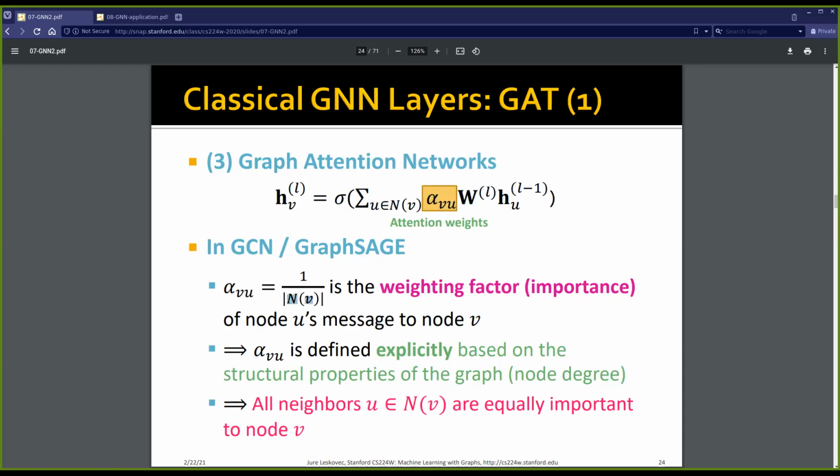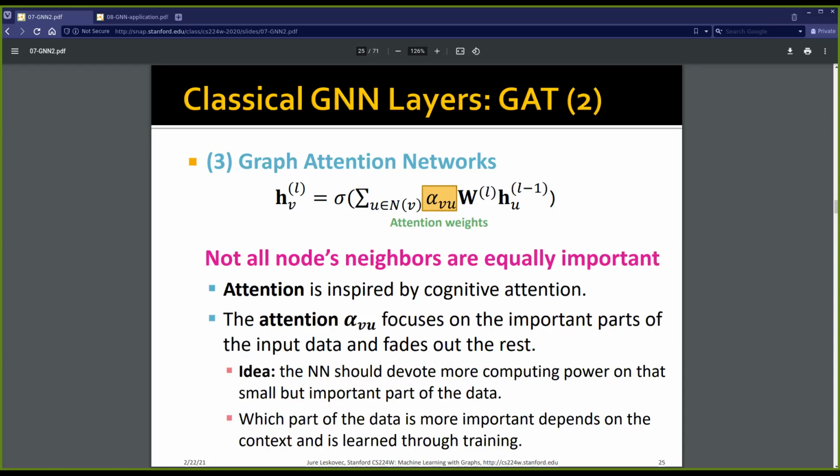So only the inverse of the node degree. And in such a case, all neighbors are equally important for that node, but we do not really want that. We want these aggregation weights, or here called attention weights, to be learned from the graph data.